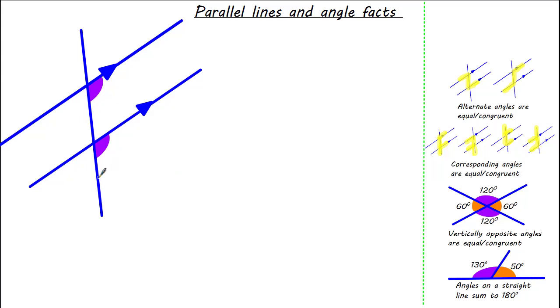Using our knowledge on corresponding angles, we know these angles must add up to 180 degrees because angles on a straight line sum to 180 degrees. Therefore, we know these angles must also sum to 180 degrees. This is what's known as co-interior angles, and co-interior angles sum to 180 degrees.